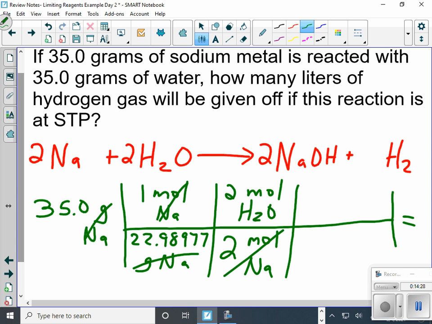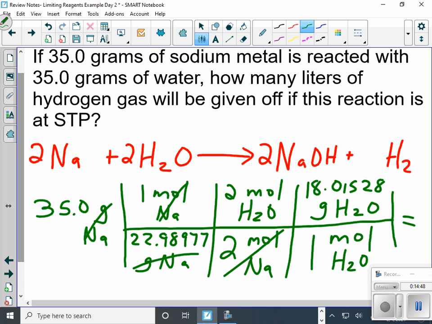So my moles cancel now. Then I have to get this back into a mass. I know that 1 mole of water has a mass of 18.01528 grams of water. I get my moles to cancel there.